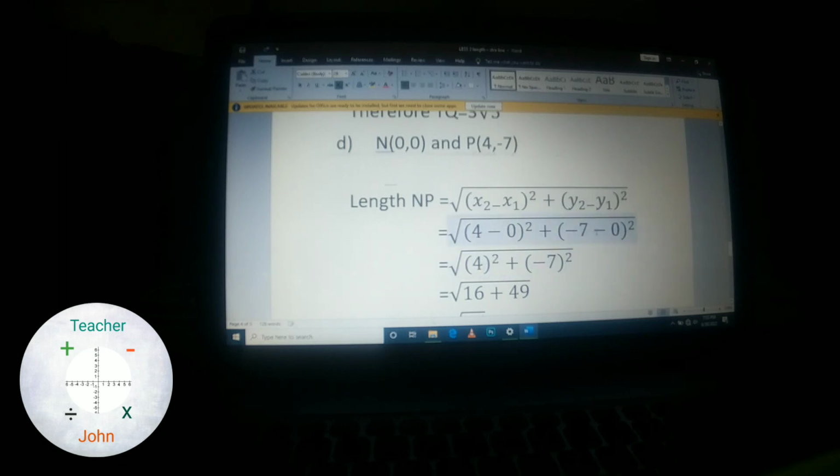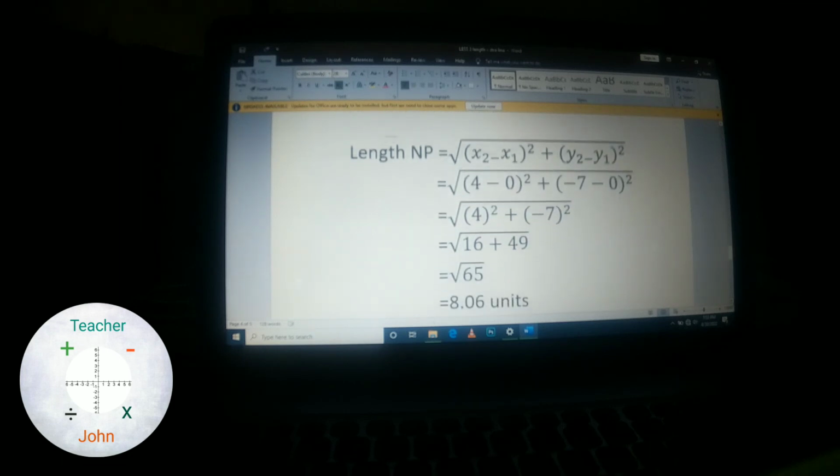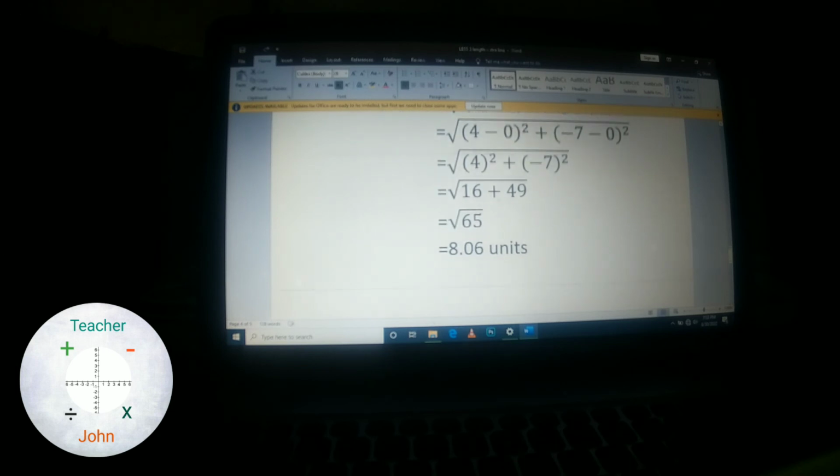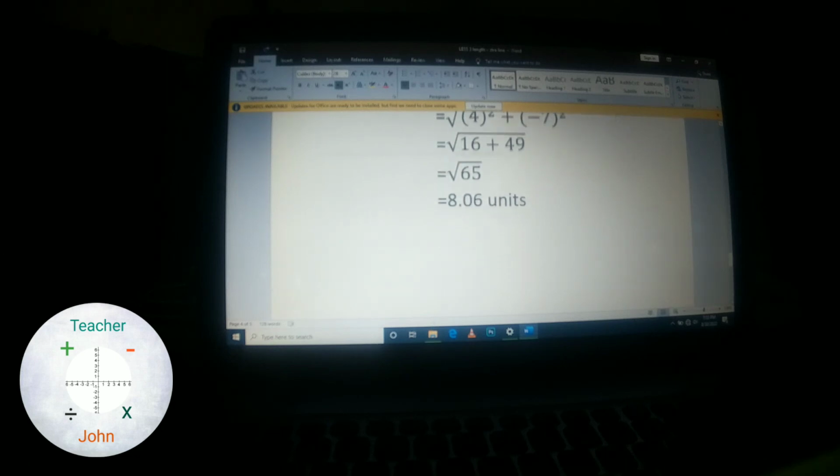We get -7 minus 0, which is -7. 4 squared will be equal to 4 times 4, which is 16, and also -7 squared will be equal to 49. When you add these ones, you get 65, and the square root will be 8.06. So that's our length for the last question. It will be 8.06.